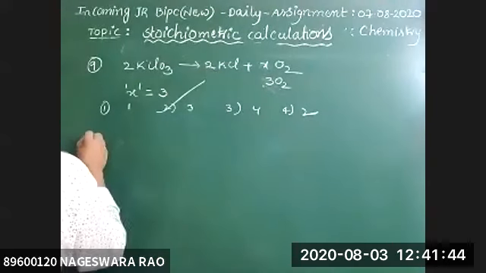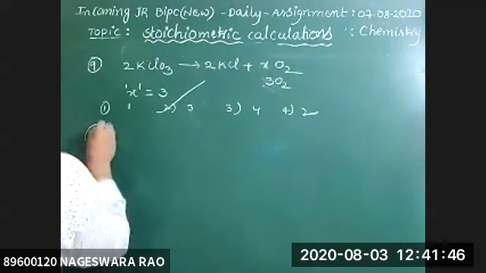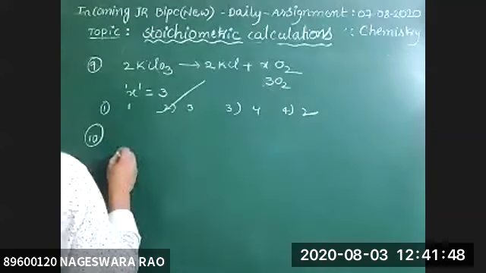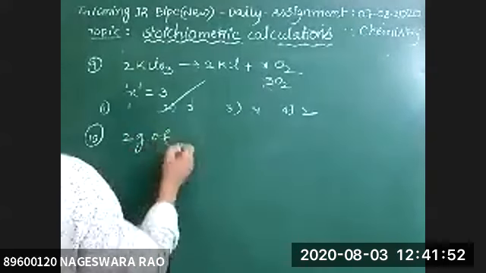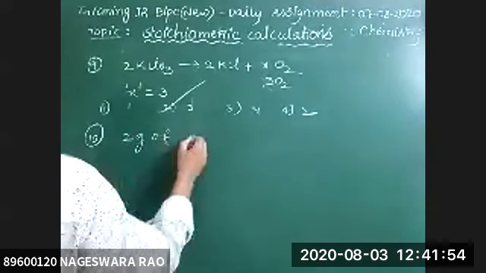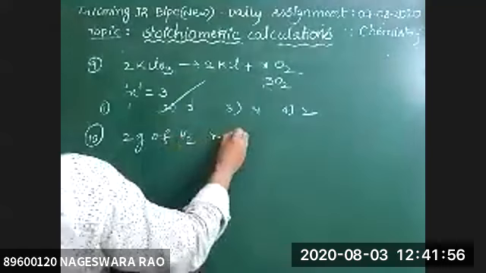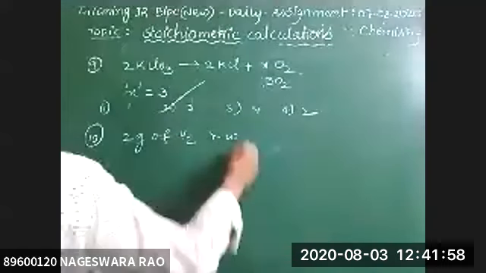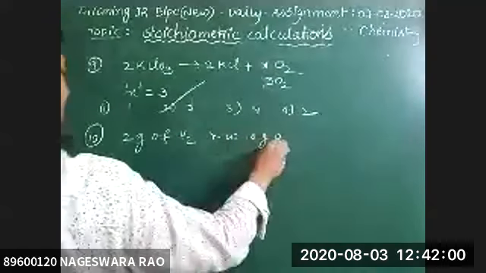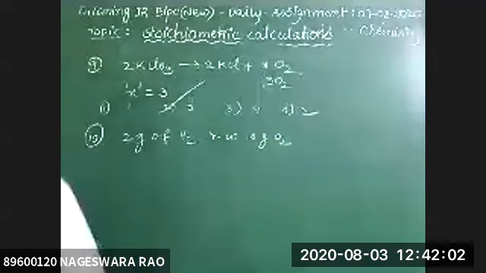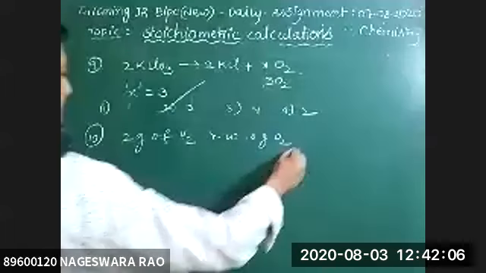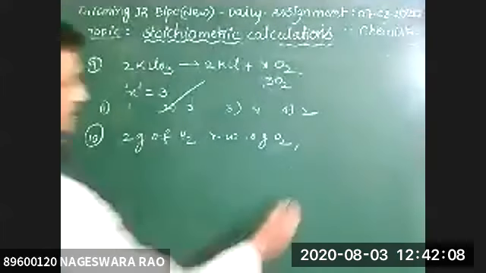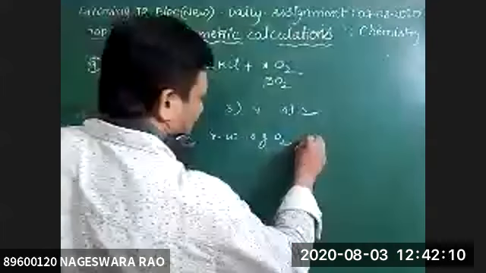So next, 10th question, very, very important question. If 2 grams of hydrogen react with 16 grams of oxygen, then find out the volume of water.